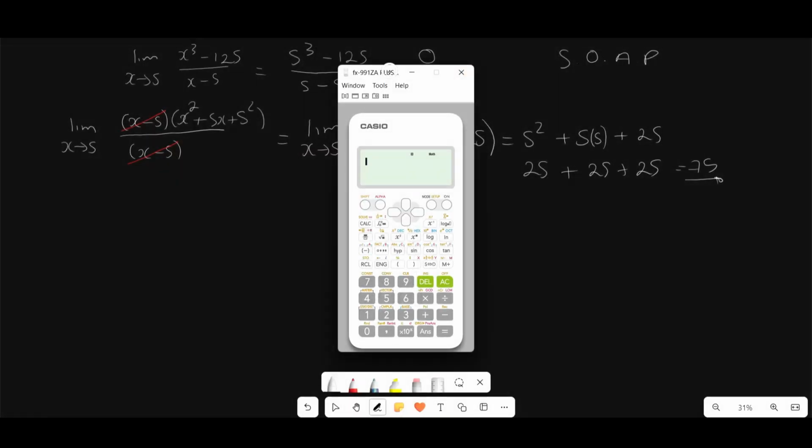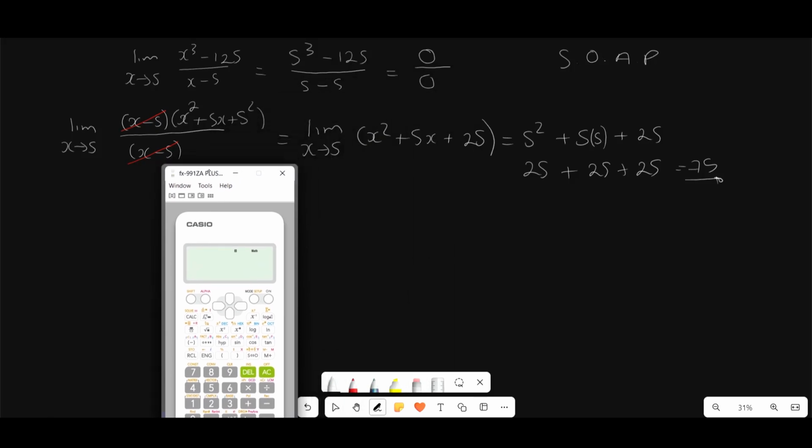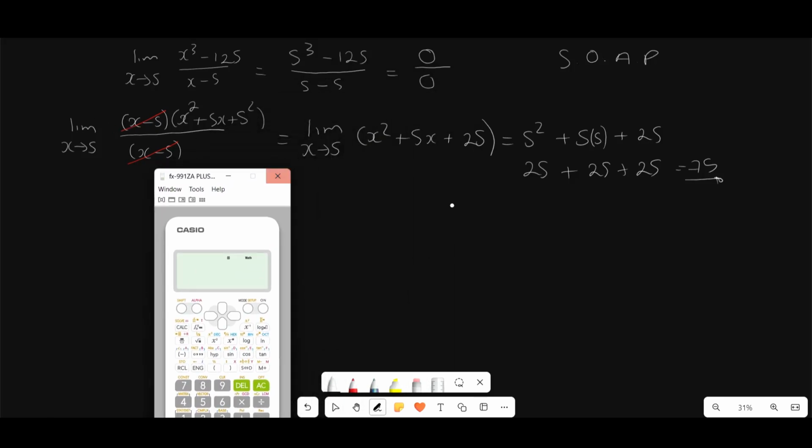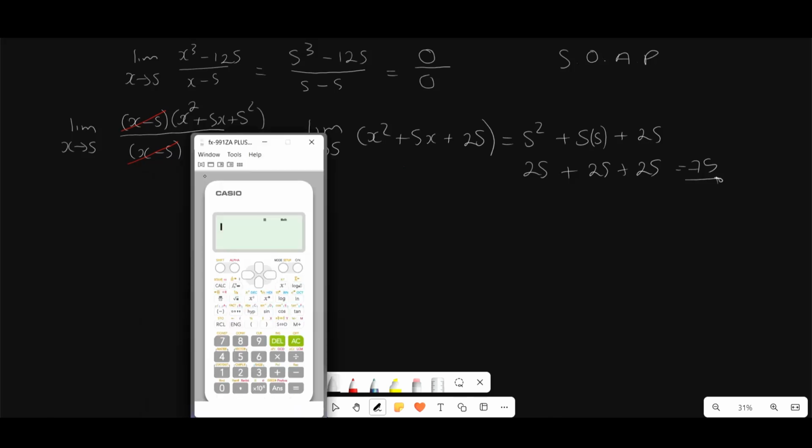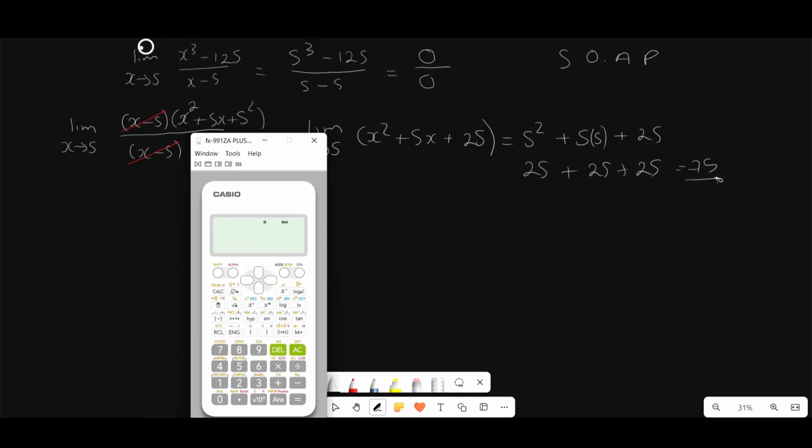Okay, so if you go ahead and open up your calculator and substitute a number that is very close to 5 into this rational function, a number close to 5 is 4.99, right? We should get a number that is very close to 75.